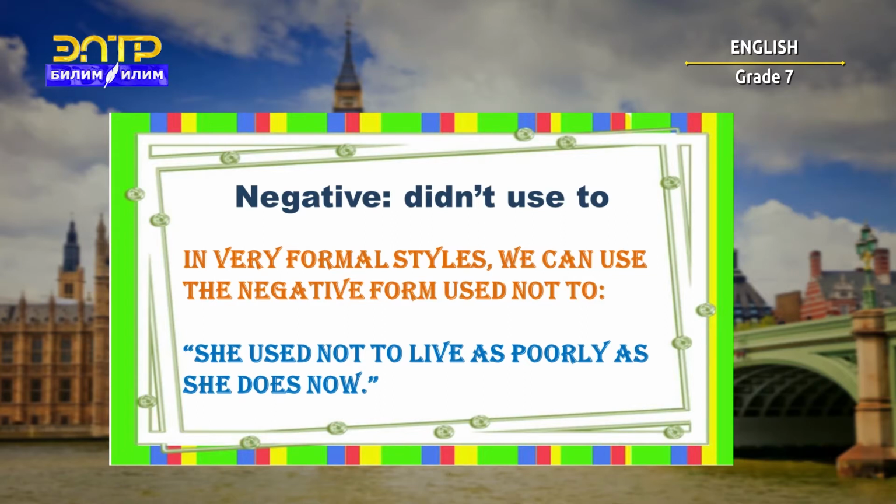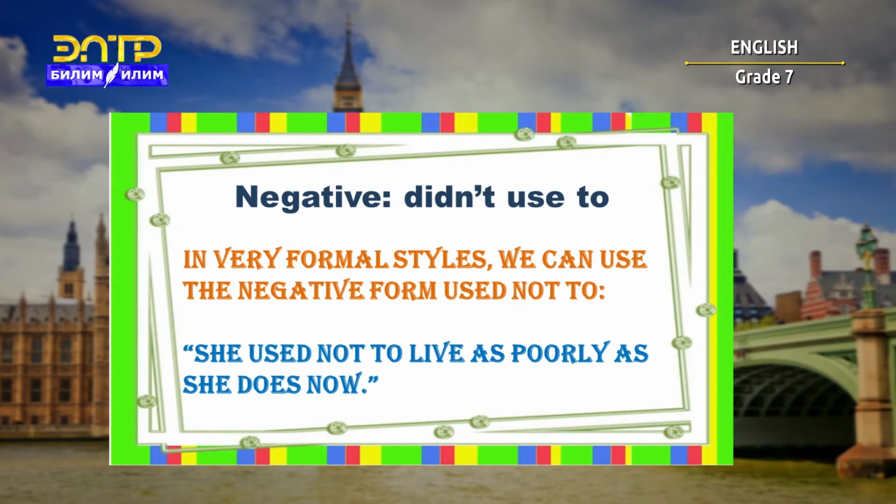For example, it didn't used to be so crowded in the shops as it is nowadays. Or I didn't used to like broccoli when I was younger, but I love it now. So we don't use this form in exams.